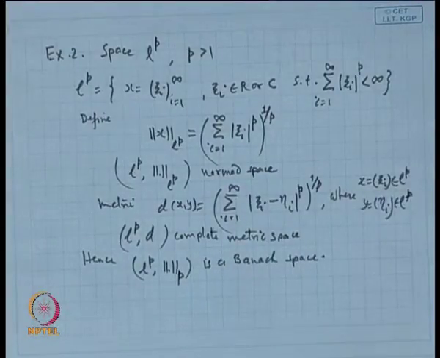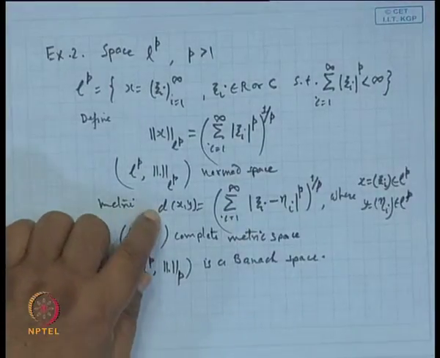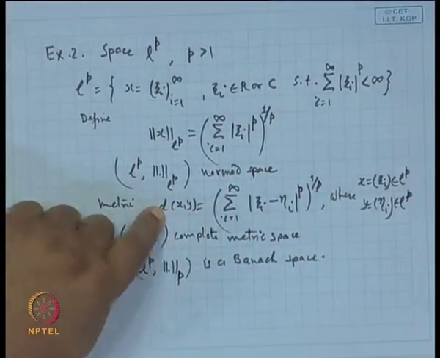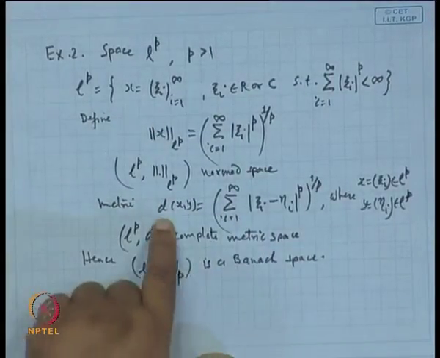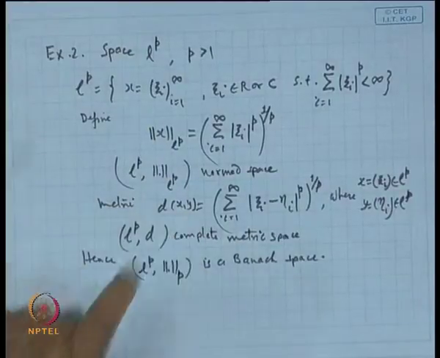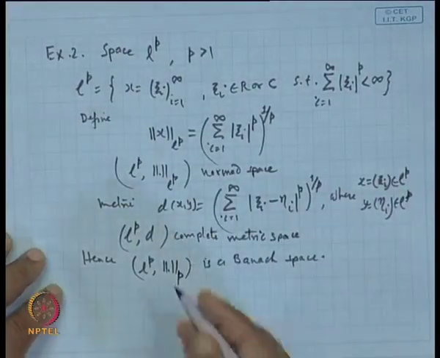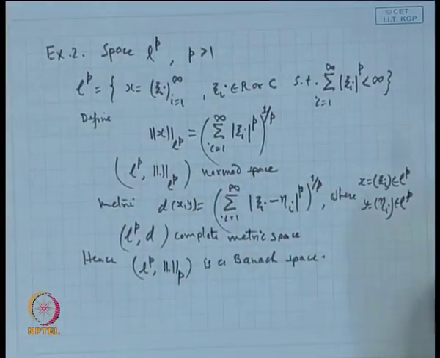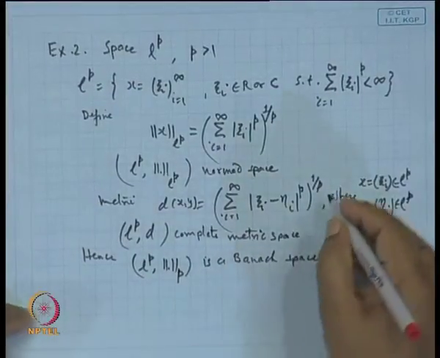Because what is the definition of Banach space? We have introduced the Banach space as a complete norm space, and completeness is tested under the metric introduced with the help of the norm. So, this is the metric which we have introduced with the help of the norm, that d(x, y) is the norm of x minus y in l^p, and that is equal to this.